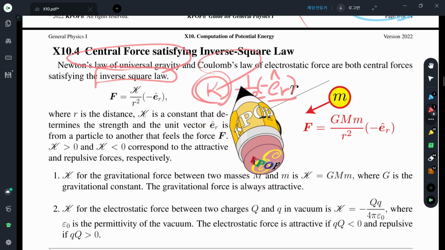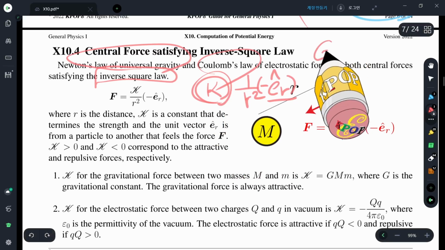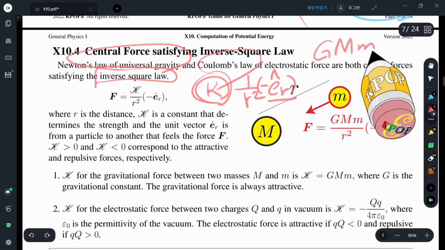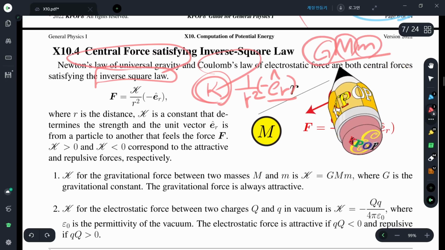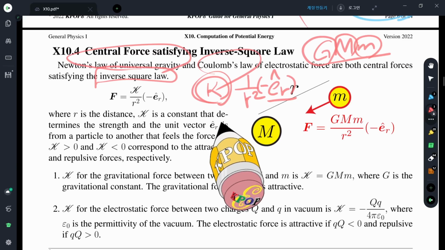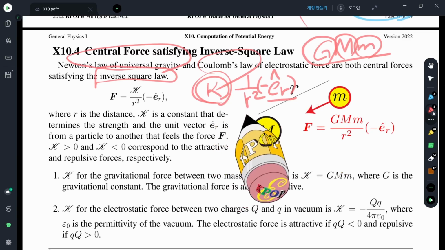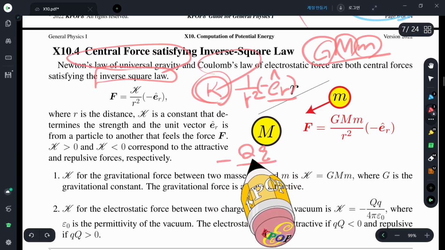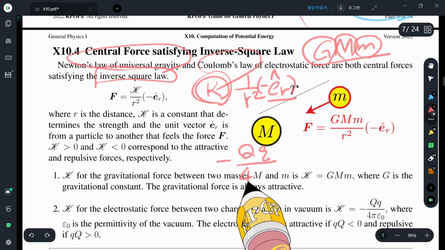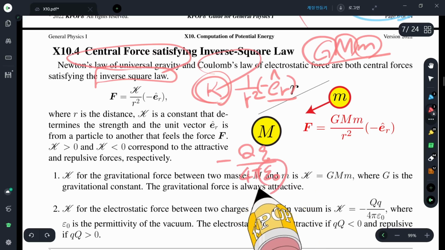Gravitational force is positive definite. The factor is G M m, the gravitational constant and the product of two masses. In the electrostatic case, the factor is minus the product of two charges over 4 pi epsilon 0. And epsilon 0 is the vacuum permittivity.